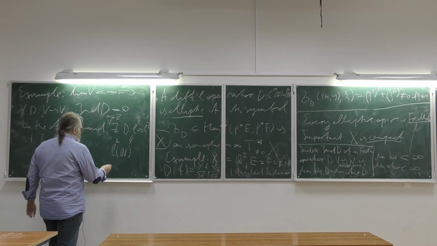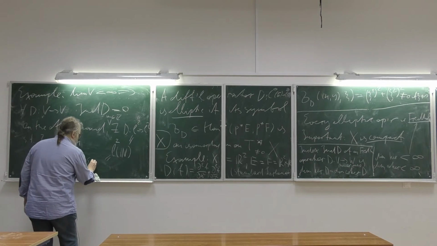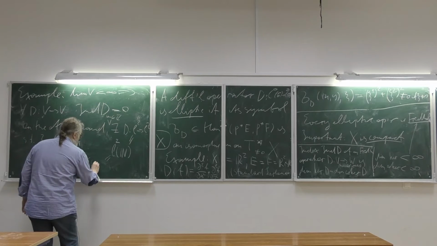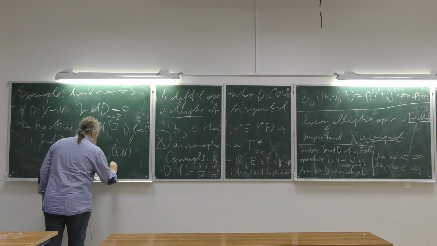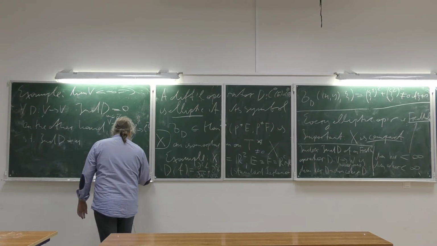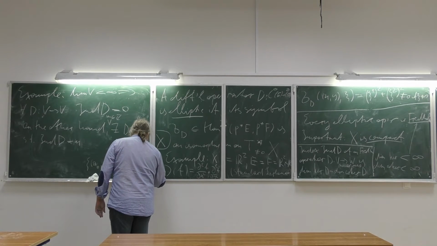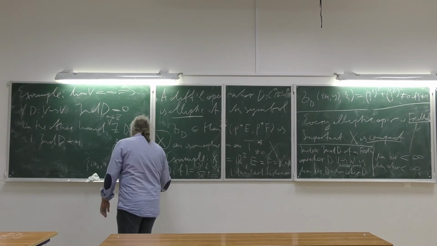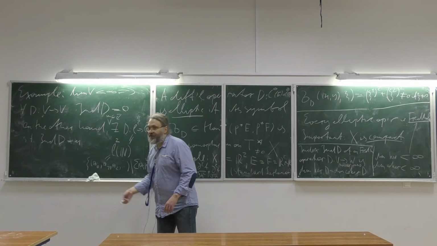L2 of n is the space of all sequences A0, A1, A2, such that the sum of the squares of those numbers is finite.